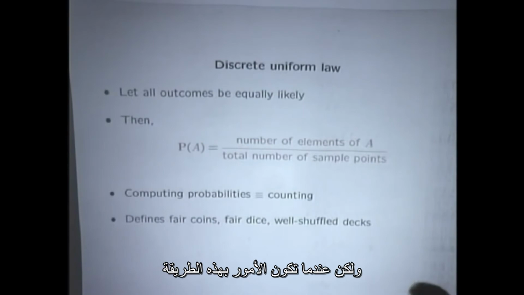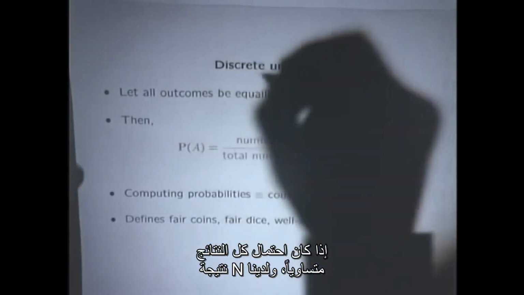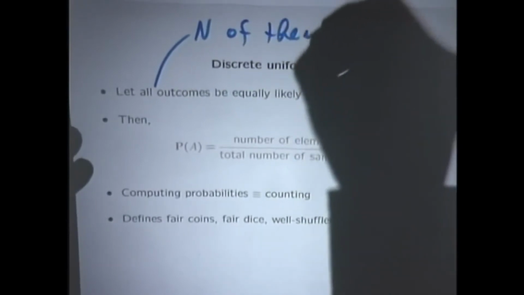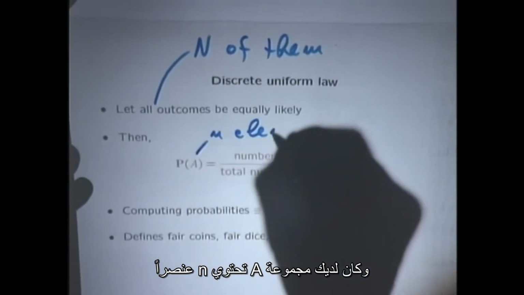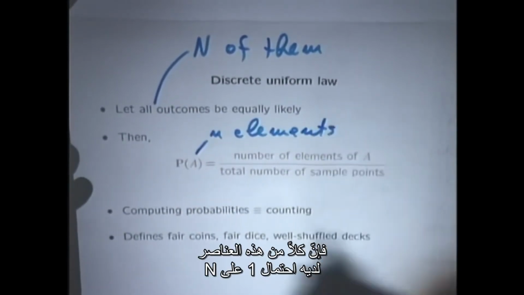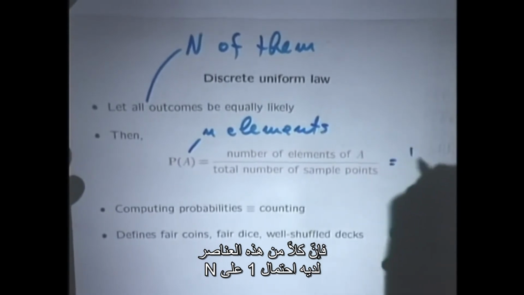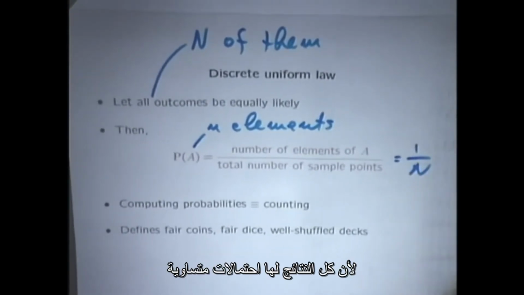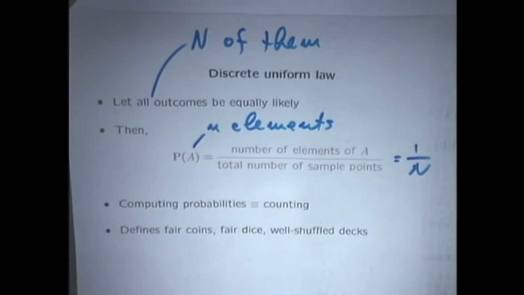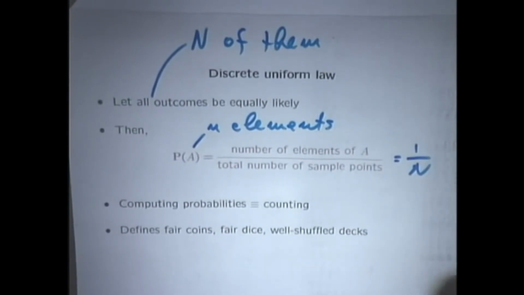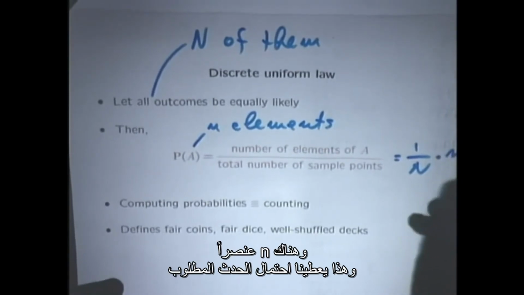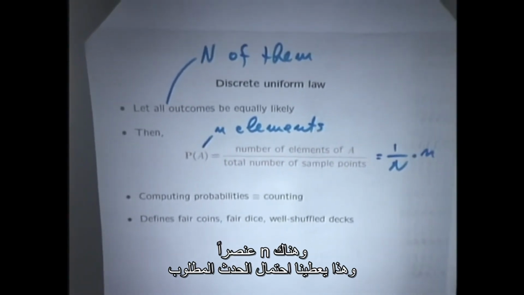But if all outcomes are equally likely, and we have capital N of them, and you have a set A that has little n elements, then each one of those elements has probability 1 over capital N. Since all outcomes are equally likely, and for probabilities to add up to 1, each one must have this much probability, and there are little n elements. That gives you the probability of the event of interest.